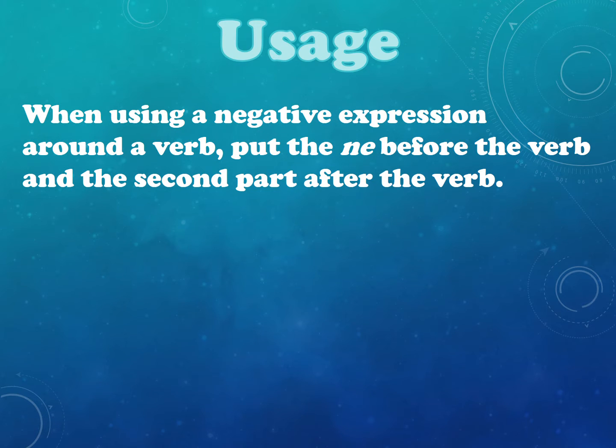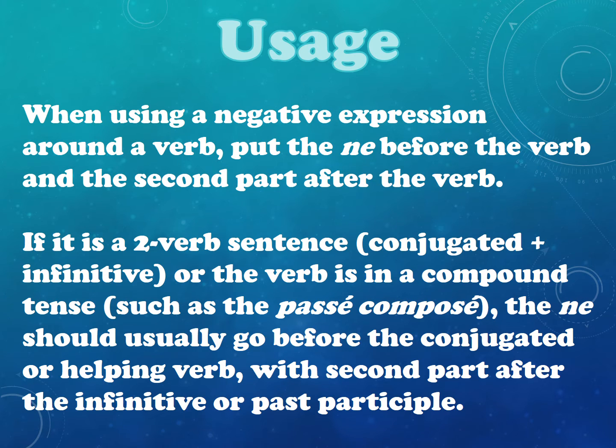When you use a negative expression around a verb, the ones that were on the previous slide, you're going to put ne before the verb and the second part after the verb, just like you do with ne pas. But here's where it is a little bit different.